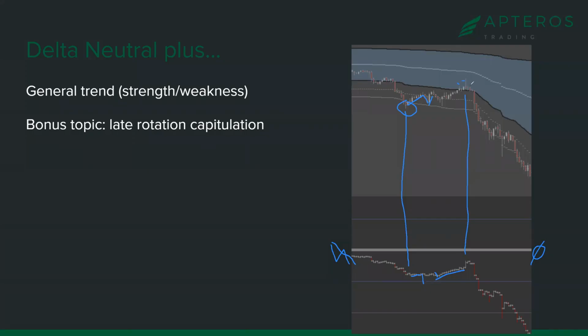But once that thing slams back down, and the bonus topic here is when you see capitulation, you see the most aggressiveness that you've seen on a counter rotation late in rhythm. We don't know if it's going to be the end, but late in rhythm, we can identify at the hard right edge. A lot of times that's just somebody that finally puked a position that was short before, right? Now they're buying, getting out of that position.